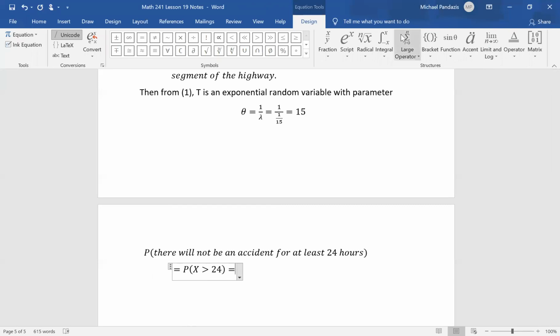And so now this is equal to the integral from 24 to infinity of our PDF, right? Our PDF is our exponential random variable.